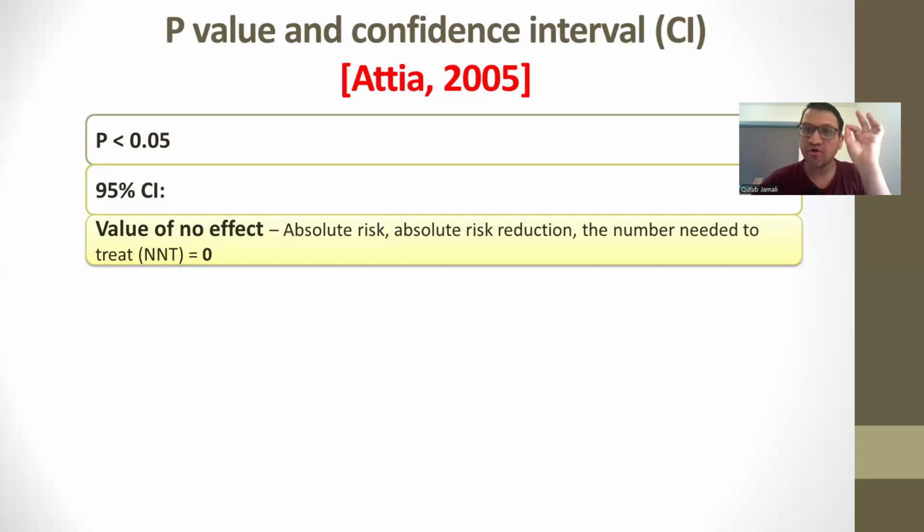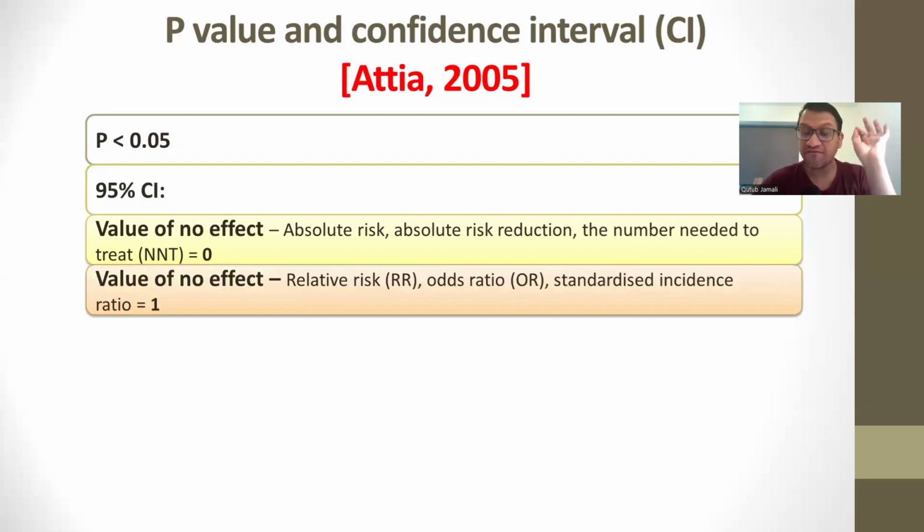Now, value of no effect is considered to be 0 if the data is measuring the absolute risk reduction, or the number needed to treat, NNT, right? So if the data is measuring these three indicators, then the value of no effect is 0.